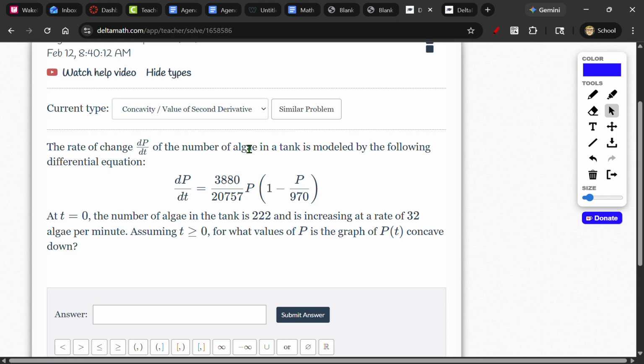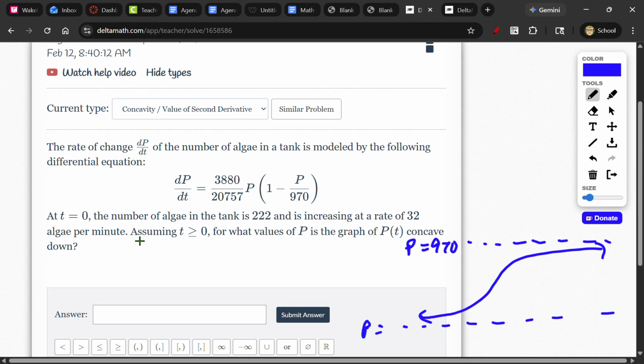They will ask you about concavity in the value of the second derivative, but remember that concavity changes at the inflection point, right? So we have this curve that looks like this. Our carrying capacity would be 970, right? That would be P equals 970.